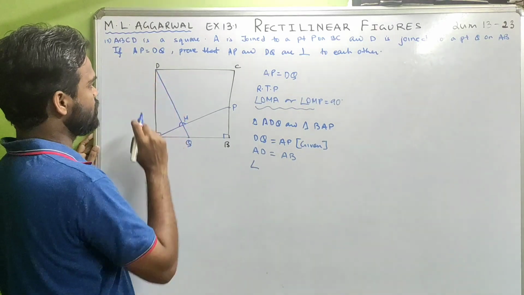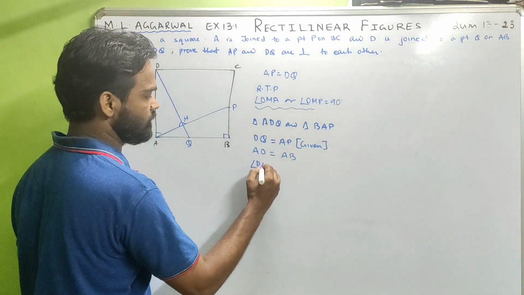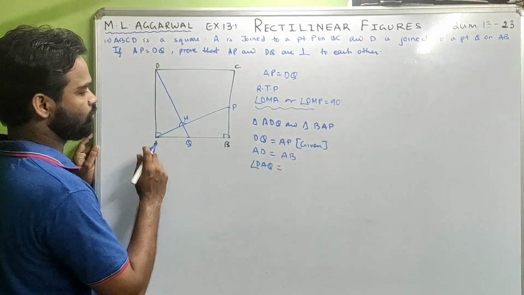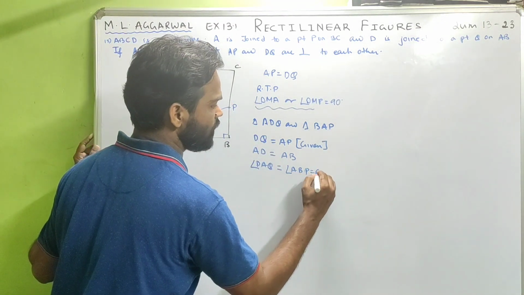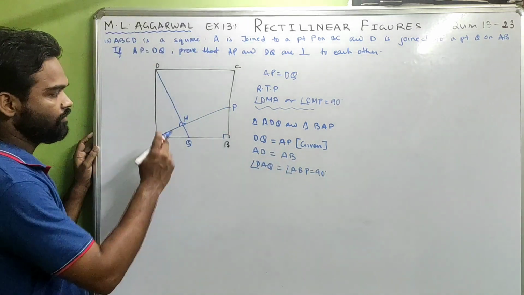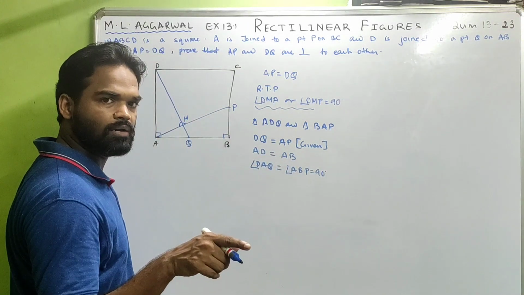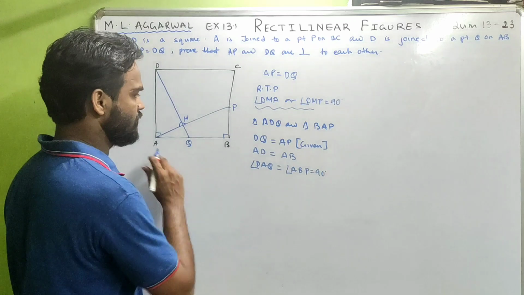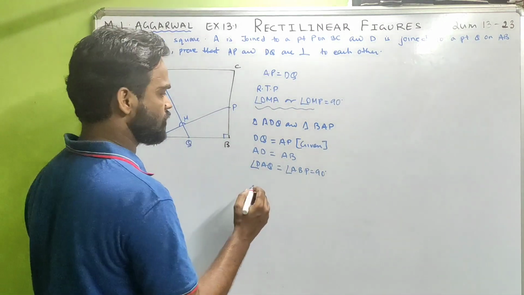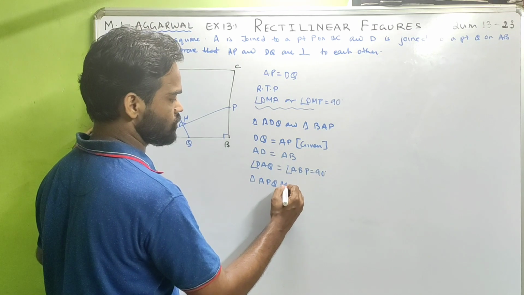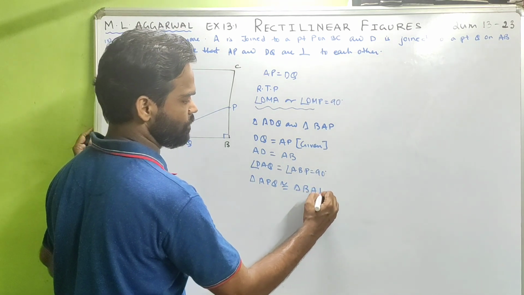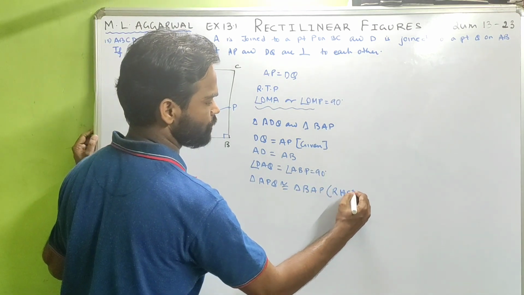Angle DAQ is equal to angle ABP equals 90. That is known to us, which means these two triangles are congruent by RHS. See, hypotenuse on one side is equal, so triangle ADQ is congruent to triangle BAP, that's RHS.